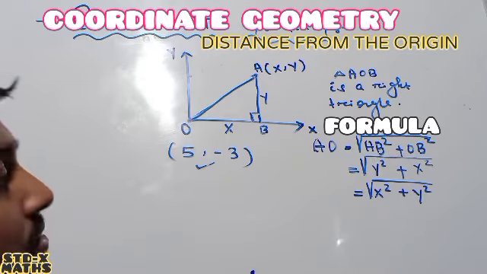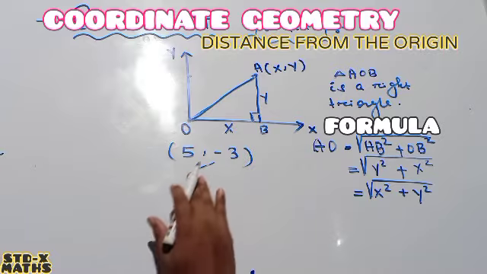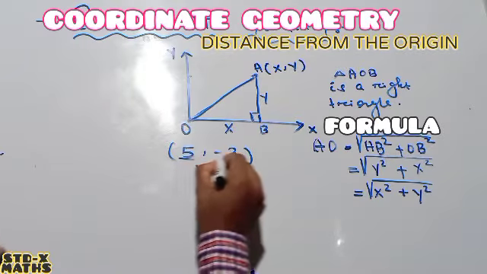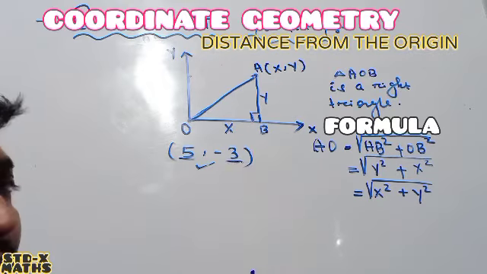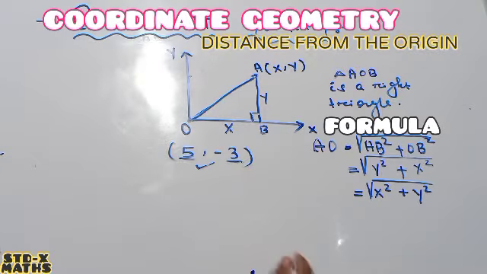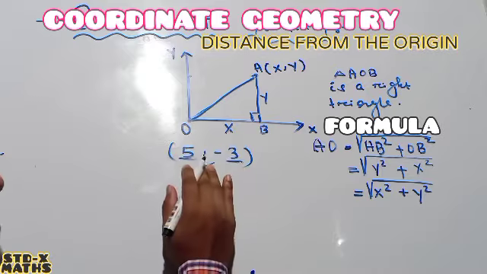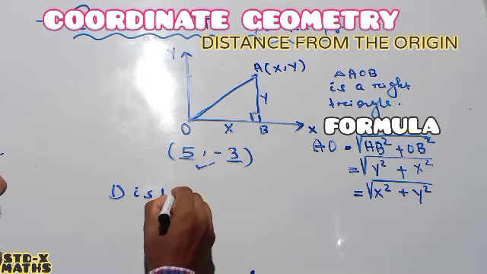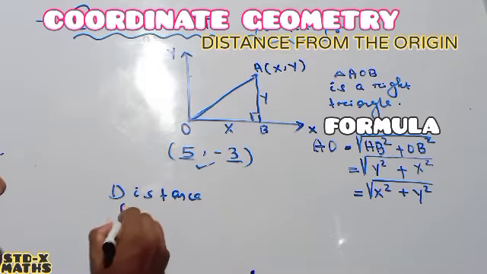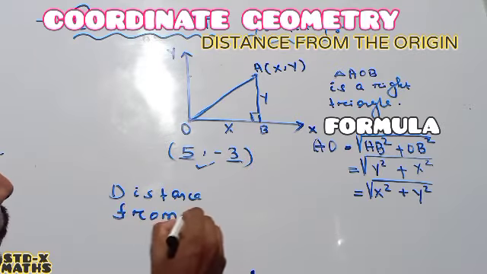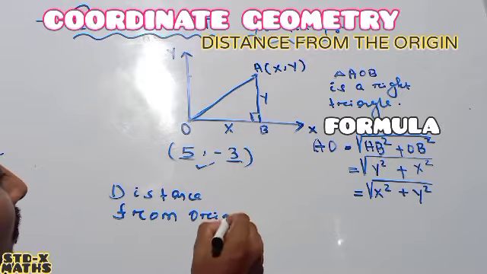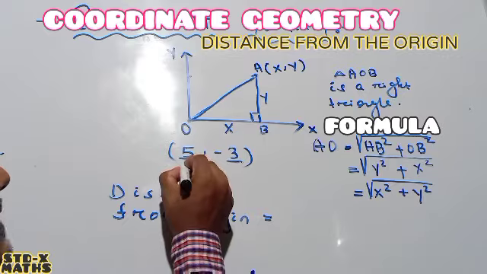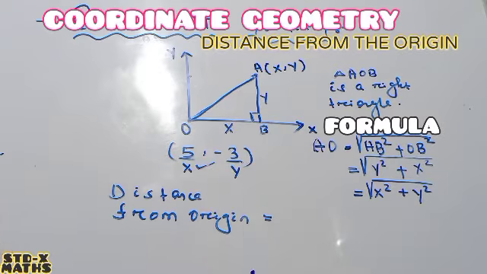So everyone knows the formula, it is x square plus y square, its root over, and the first one is our x coordinate, and the second one is our y coordinate. Yes or no? So the distance of this point from the origin is equal to, see, this one is our x, this one is our y coordinate.